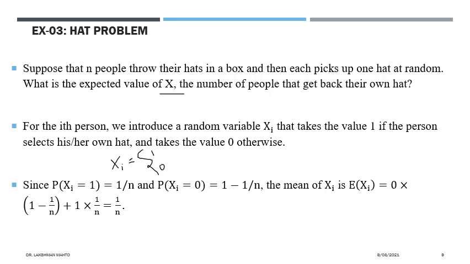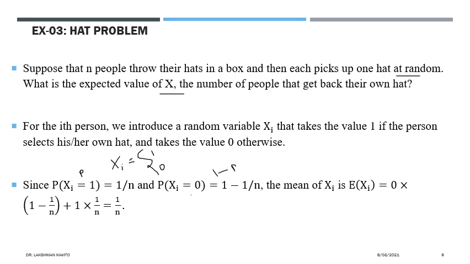Each of the n people is equally likely to pick a hat at random. If nothing is mentioned, by default it is an equally likely situation, and hence the probability of success would be 1 by n, and the probability of failure would be 1 minus 1 by n. So this is p, the probability of success, and this one is 1 minus p, the probability of failure.